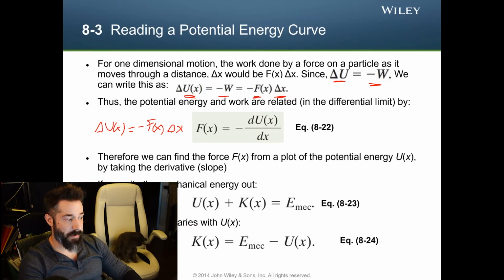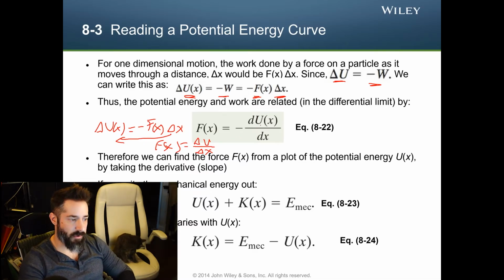So again, you take the potential and we move this over here, right? So then you have F of x equals the change in the potential over the change in x.